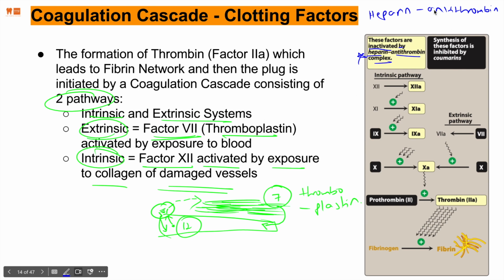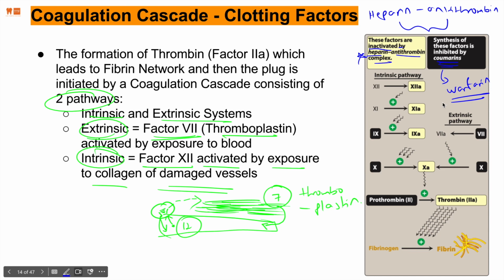Thromboplastin, antithrombin. It is normally inactivated by this complex. However, upon injury, that can't be the case. It has to be reversed. The synthesis of these factors is inhibited by coumarins, which is warfarin. So warfarin.